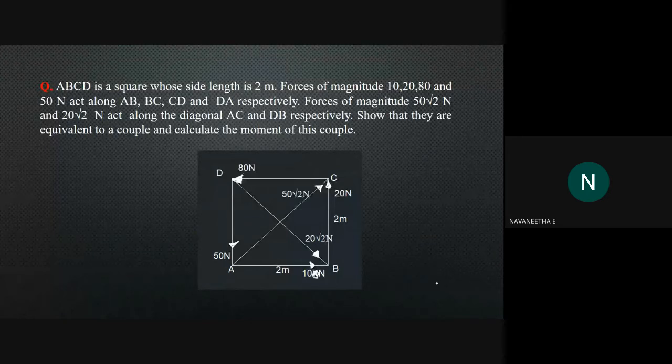Okay, 20 Newton acts along BC in the upward direction, 80 Newton acts along DC in the left hand direction, 50 Newton along DA in the downward direction, and 10 Newton along AB in the right hand direction.